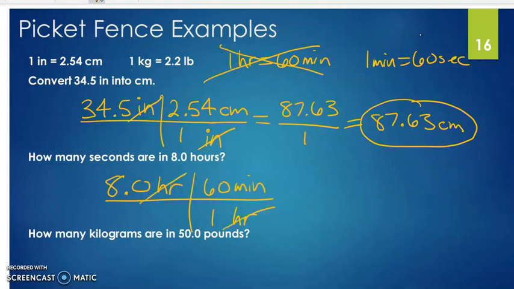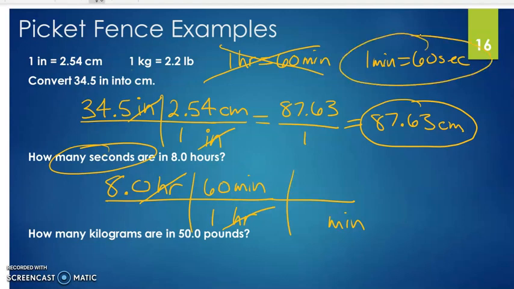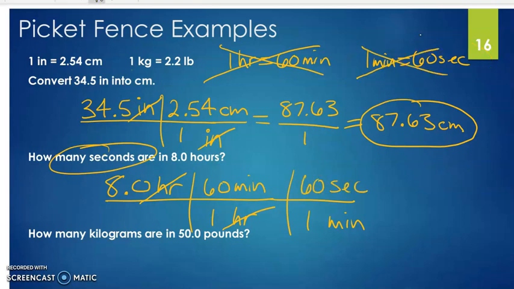Hours cancel in the top and bottom. Right now I'm in minutes, but that's not what I want my answer in. I want it in seconds. So if you're not quite in the unit that you want your answer in, you're going to have to continue your picket fence and you repeat the same process. I have minutes here, so I know I have to put minutes here. Okay, according to my equality, 1 minute, and that's equal to 60 seconds.